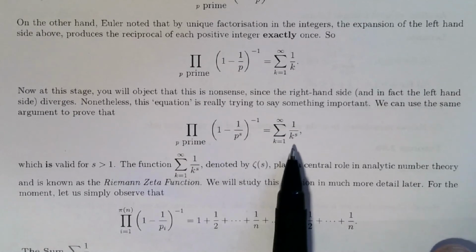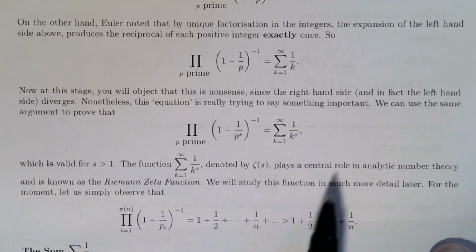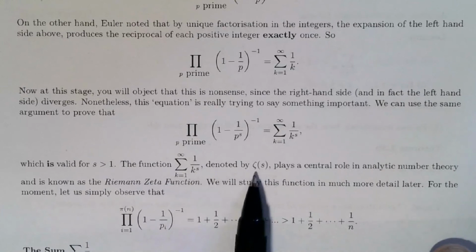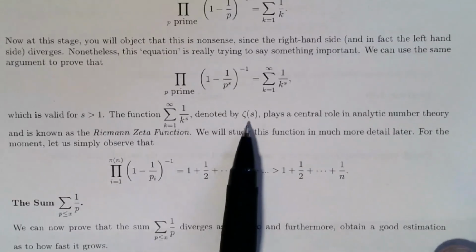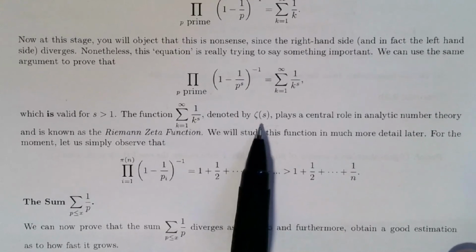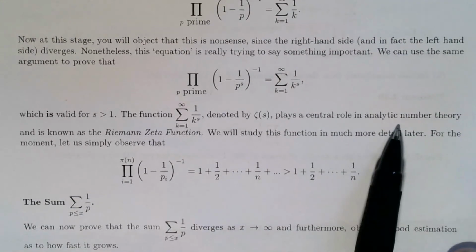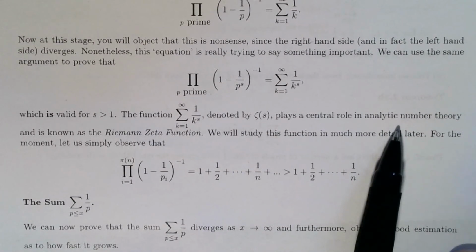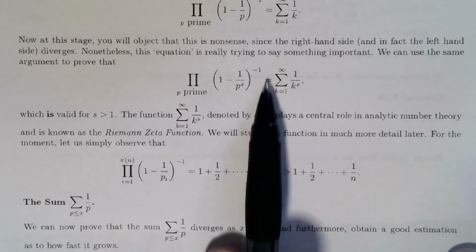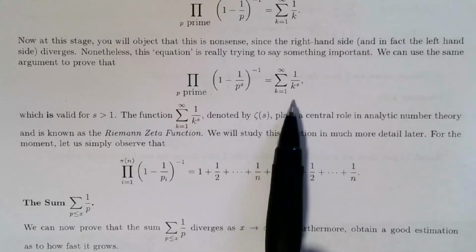And this function, if we think of s as a variable, is denoted by zeta of s, and it is of course the famous Riemann zeta function. It plays an absolutely central role in analytic number theory. Everything boils down to studying this function here, and we will do that in some detail in a later chapter.